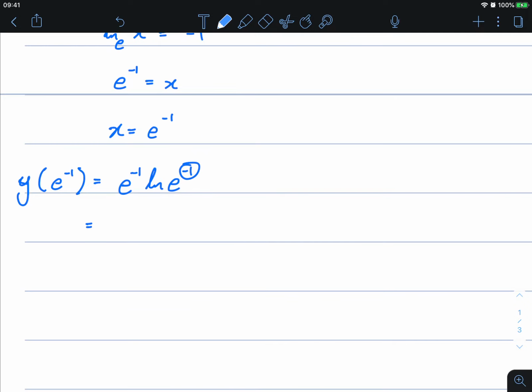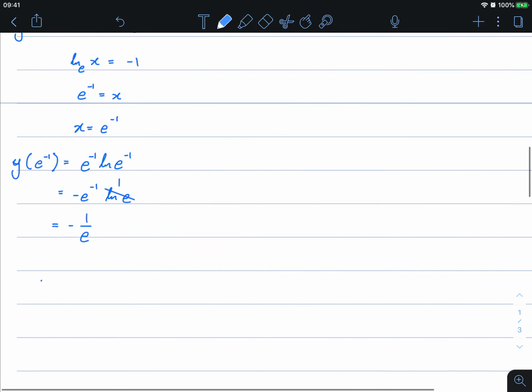Using index laws, this -1 power becomes a coefficient. So this becomes negative e to the power of -1 times ln of e. ln of e cancels to become, that's just 1. This just becomes -1 on e.